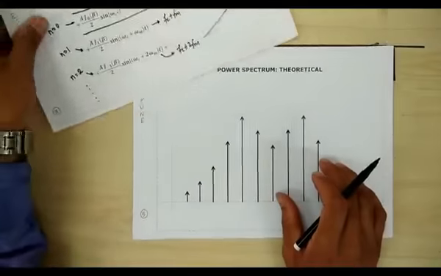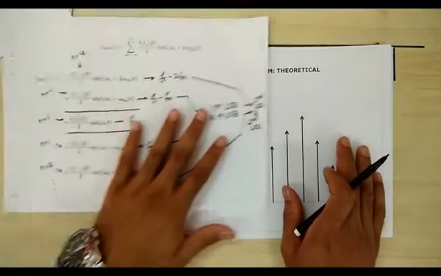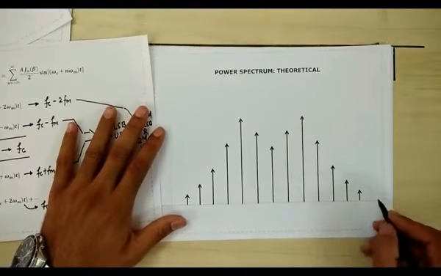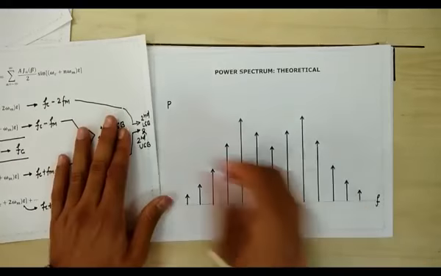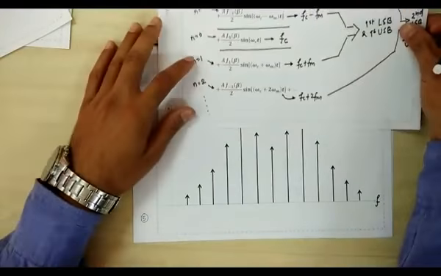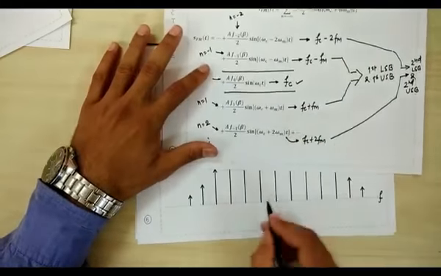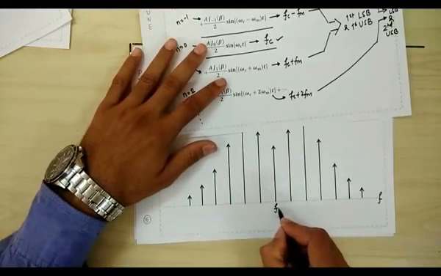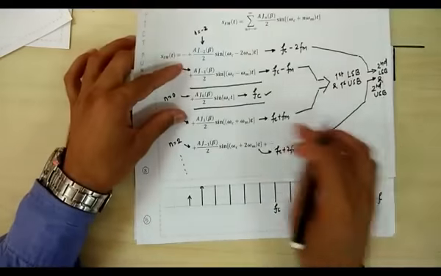From this, if you see the power spectrum, it is nothing but the power versus frequency curve again. So we have impulses at Fc. I have an impulse at Fc, then we get an impulse at Fc plus Fm.